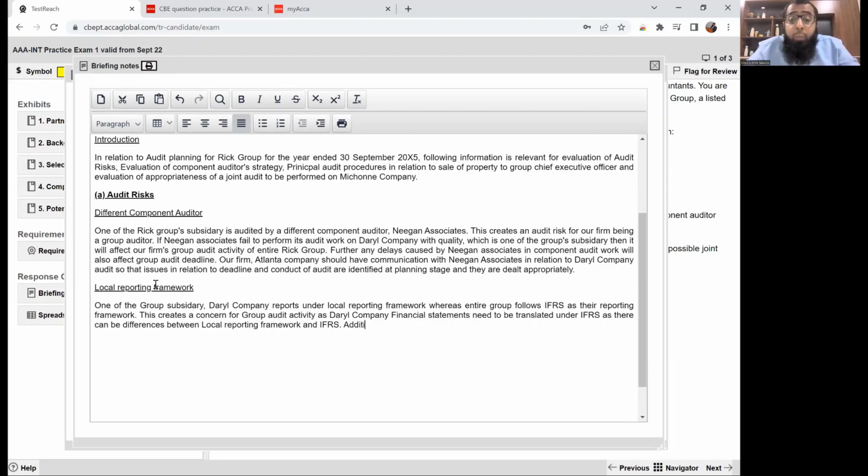Okay, additional audit work will be involved while Darrell company financial statements are translated as per IFRS. Okay, because there can be different valuation techniques, there can be different judgment techniques in the local reporting framework and the IFRS. Okay, so these are small risks which were 2 marks.